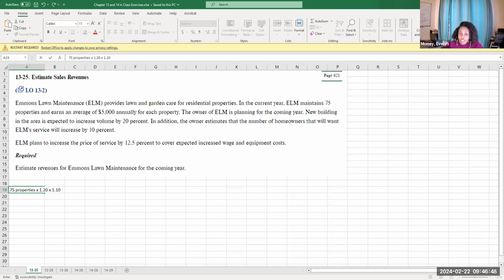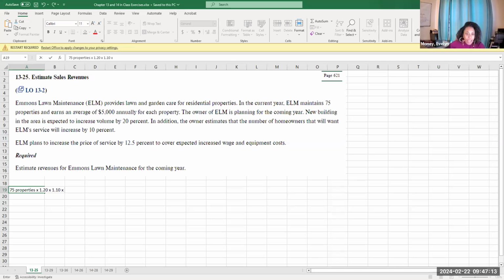Or 1.1. If I do just 1.1, then I don't have to go back in and add it in later on. Okay, so that's going to give me a better estimate of the number of properties that we'll expect to manage. Now, normally I get $5,000 for each property, but because I'm expecting to have to do a little more work, I have to hire some more people.